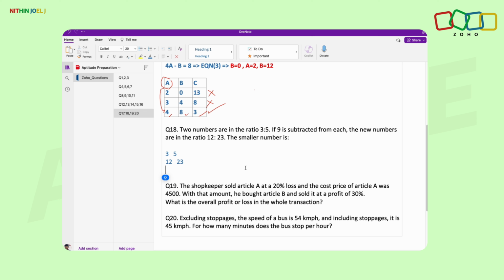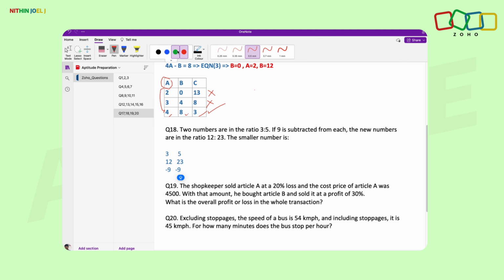So from each number 9 is subtracted, so we have to write minus 9 here, minus 9. Now we have these values. In case instead of 9, if they give 8 is subtracted from this ratio, you have to mention minus 8, or else minus 5, based on the respective case. Since they have given 9 is subtracted from both, we have included minus 9 here.